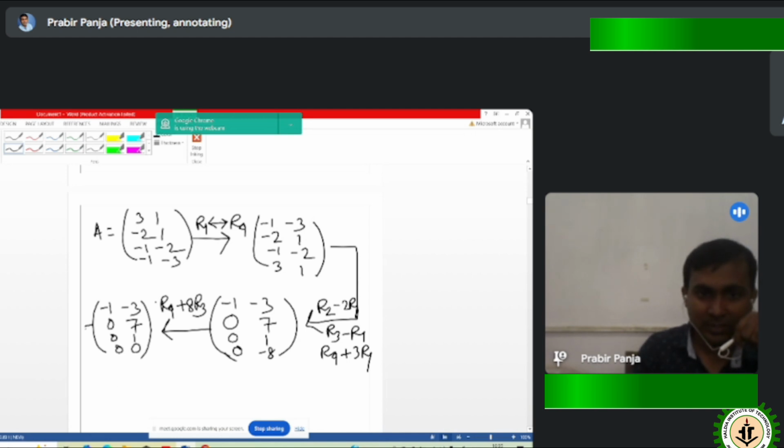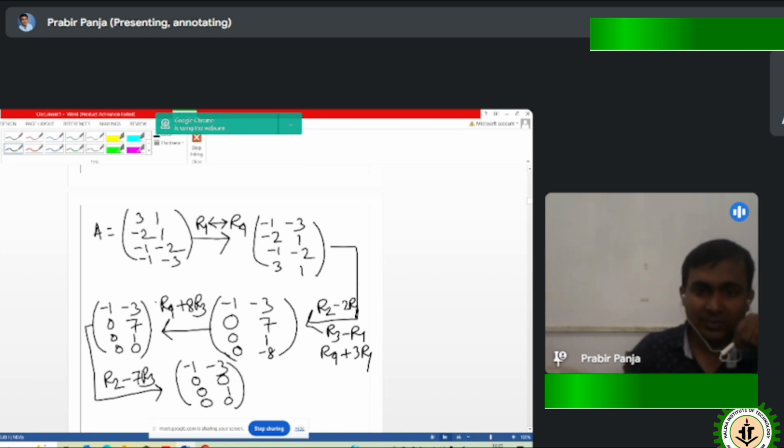So after that, if we take another operation, let us take R2 minus, sorry, R2 minus 7 into R3. So this will give you minus 1 minus 3, 0 0. Okay, 0 1, 0 0.